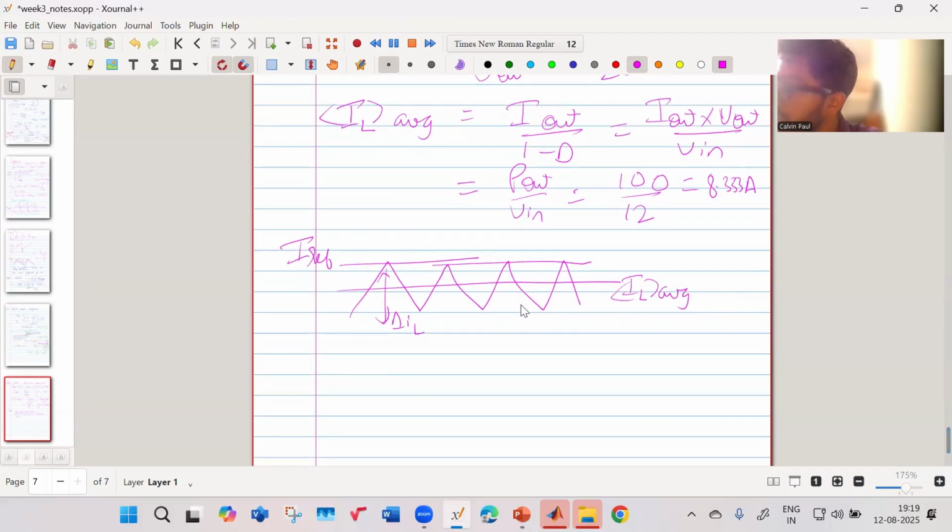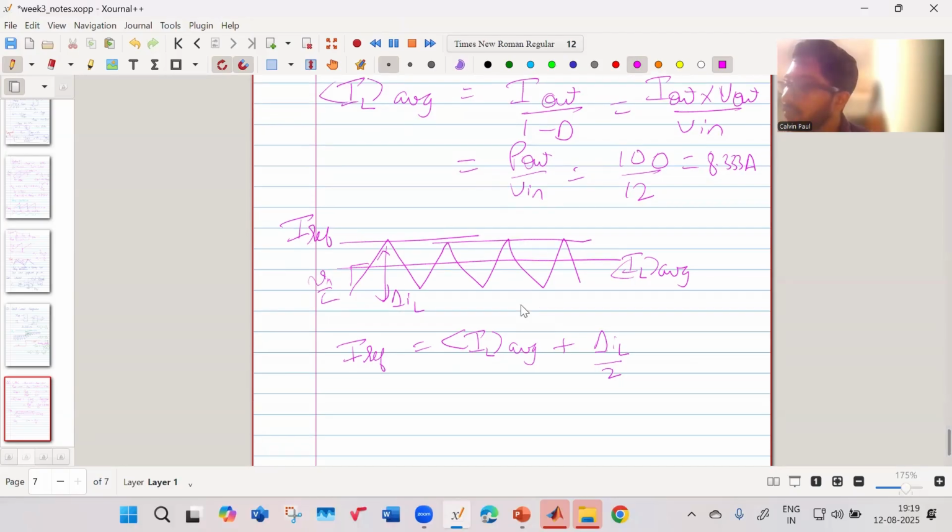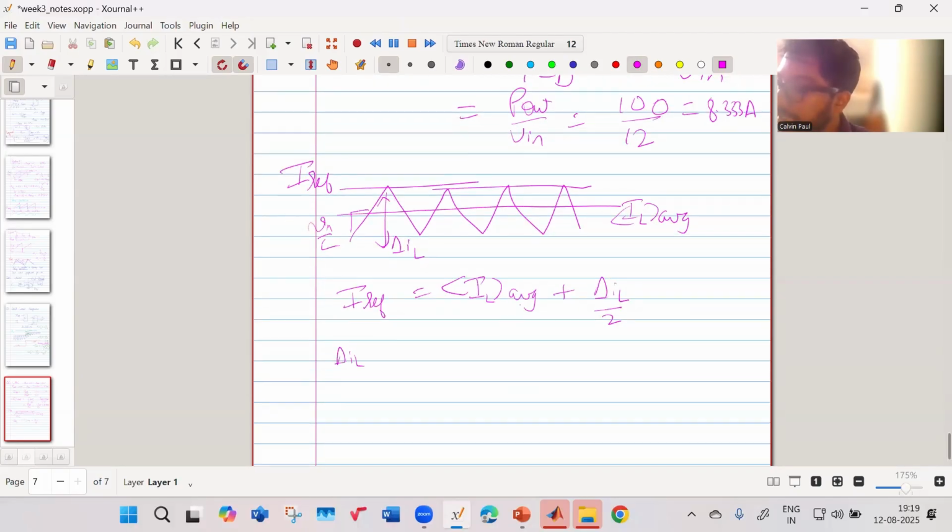So your reference IREF is equal to your IL average plus your delta IL by 2, right? Now your delta IL is what? This is your Vin upon L, the rising slope. So your delta IL is Vin upon L into this time, which is dt.